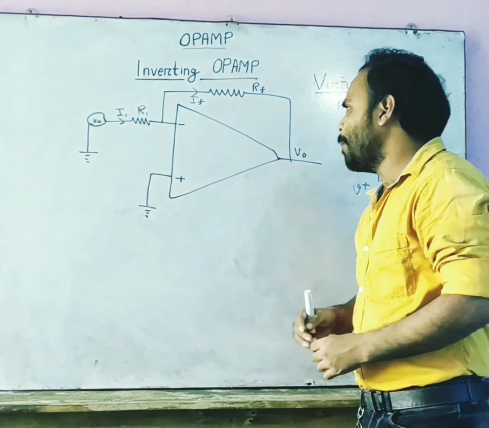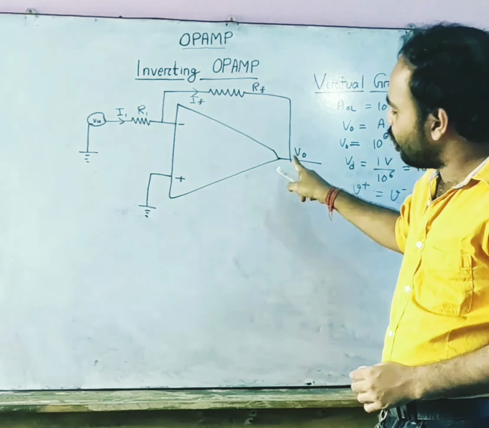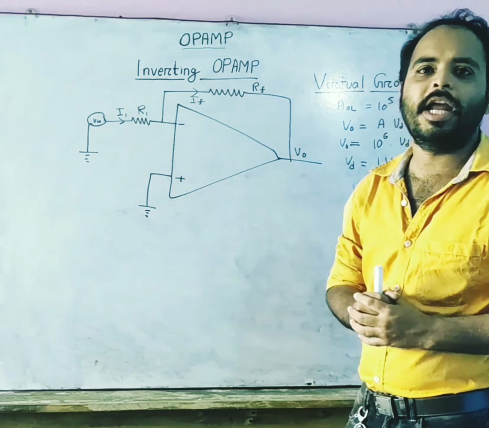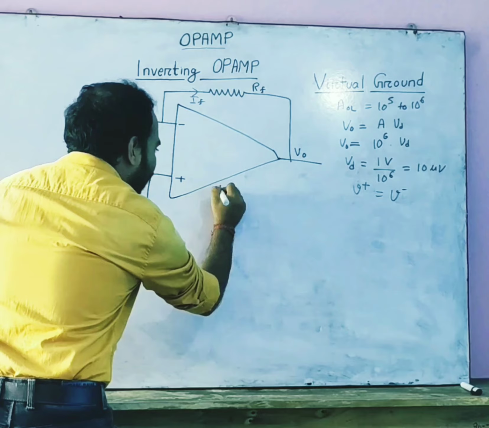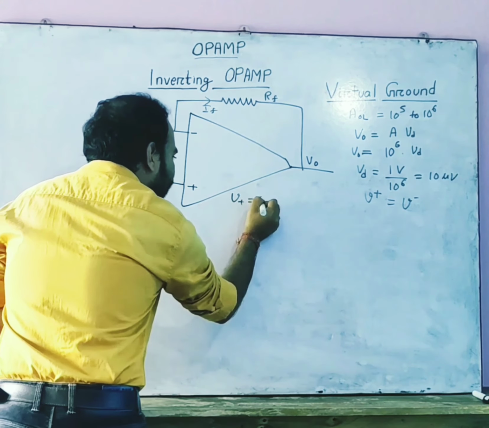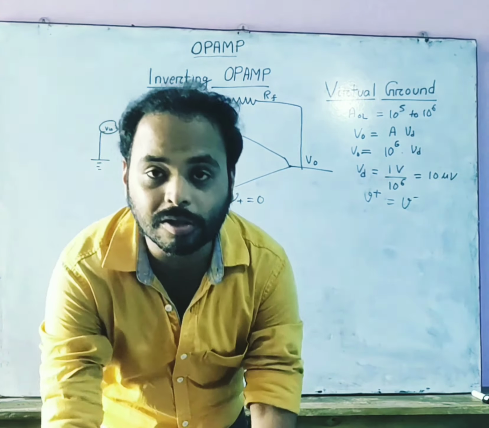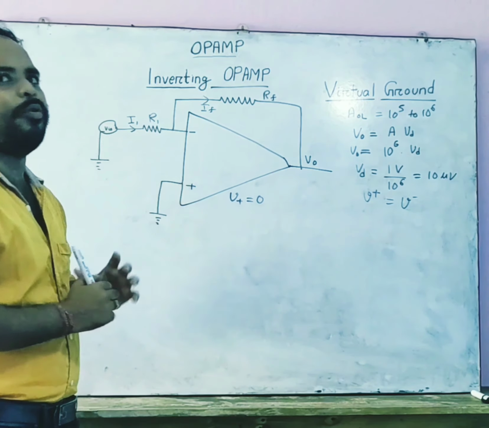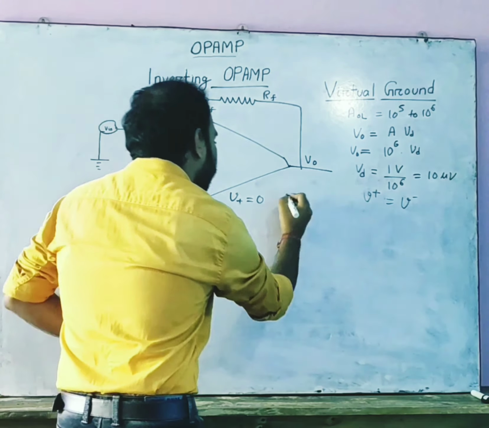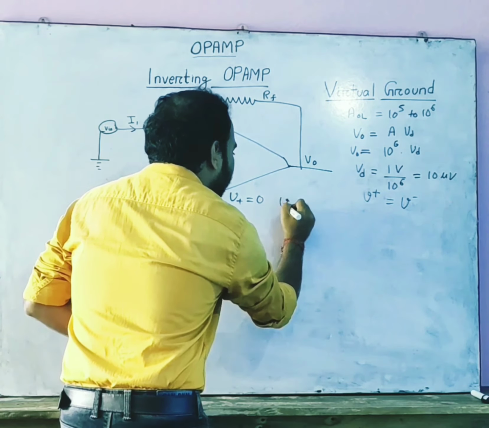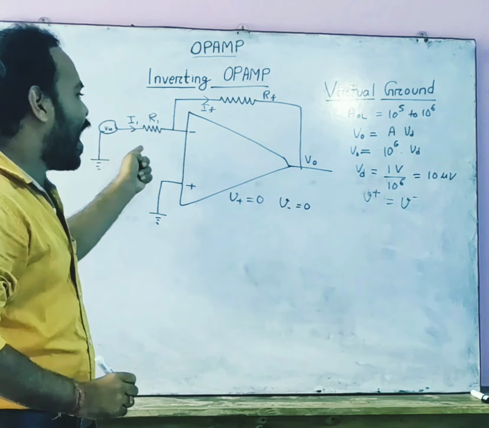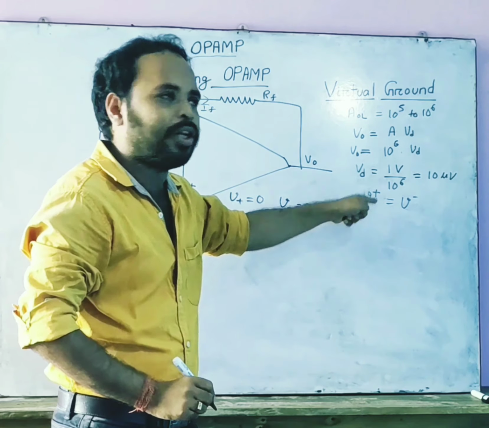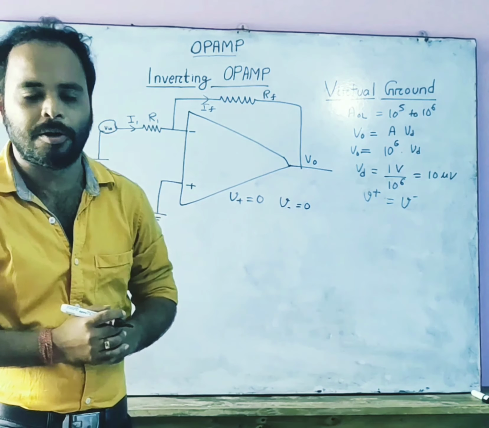Now we have to derive the expression for the output voltage of the inverting op-amp. In this case, the signal at the positive terminal is equal to 0 because the terminal is grounded, and also the signal at the negative terminal is equal to 0 because this signal acts like the virtual ground condition as we have discussed earlier.